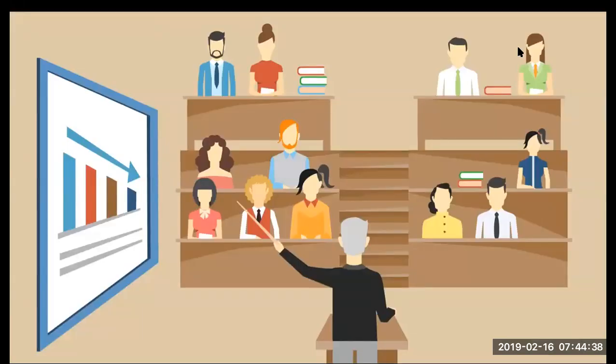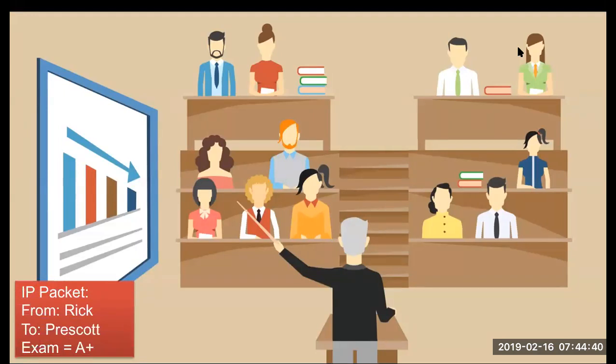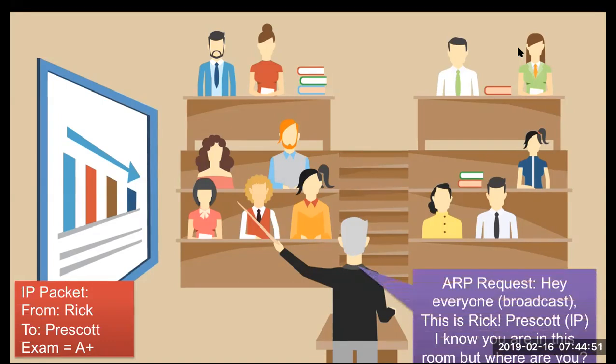Again, this is all NIC card to NIC card communications on the same network. Here's a little analogy. Let's say I have an IP packet that I want to deliver to Prescott. It's his exam. He got an A+ on it. I'm looking out there in the room, and I know that Prescott's in the room someplace. So I'm going to send what's equivalent to an ARP request. I'm going to say, hey, everybody out there, this is Rick. Prescott, I know you're in the room, but where are you?